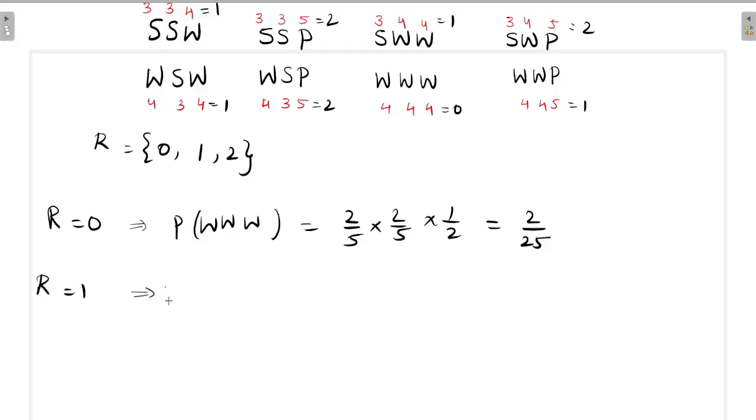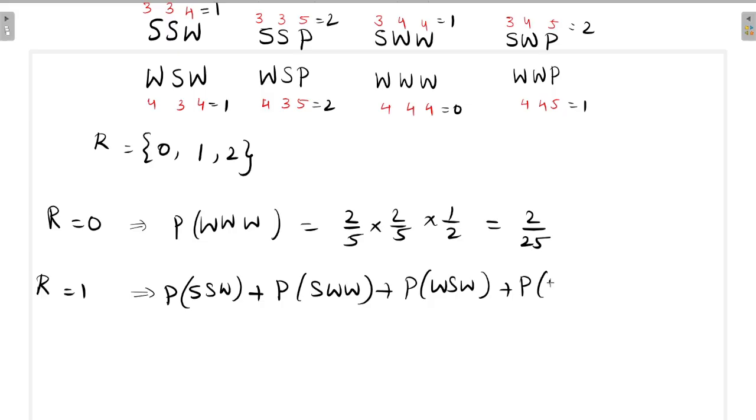Then R equal to 1. So here the probability of SSW plus probability of SWW plus probability of WSW plus probability of WWP.